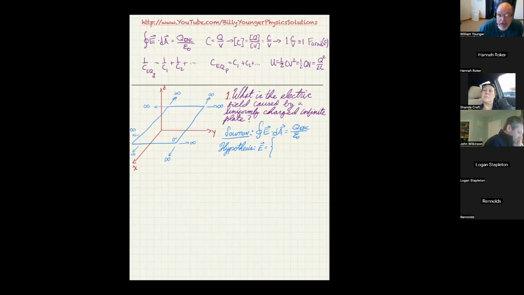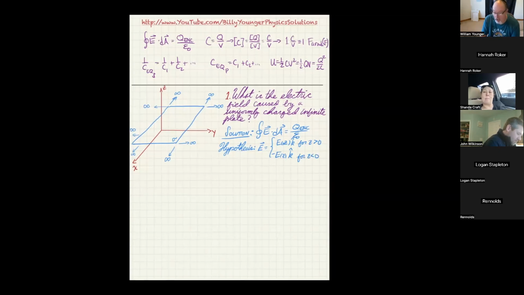And that function is going to be the magnitude of the electric field, which I suspect is only going to depend on the component or the coordinate z, times k hat, meaning it points upward in the positive z direction, and that is for z greater than 0, and then negative E of z k hat, meaning it points in the negative z direction, and that is for z less than 0.